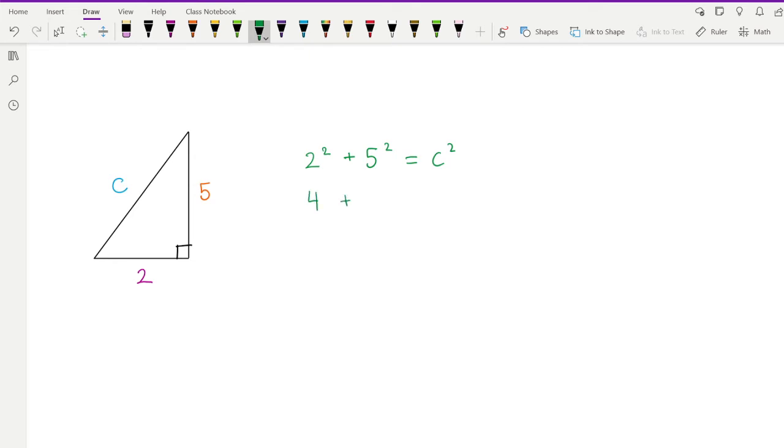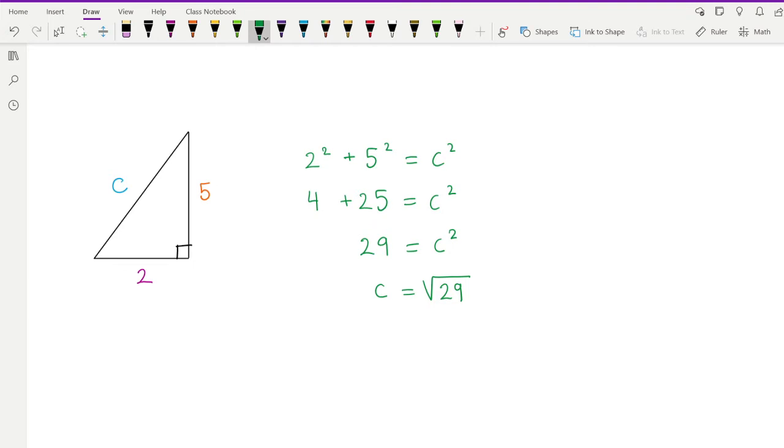So we get 4 plus 25 is equal to C squared, or 29 is equal to C squared. 29 is not a perfect square, so if you take the square root of 29, you don't get a whole number. In this case, we would just say C is equal to the square root of 29. Additionally, this square root can't be simplified. Typically when you have a square root, you want to see if there is a perfect square that you can pull out from the square root. 29 is a prime number, so we're not going to have any luck with that.